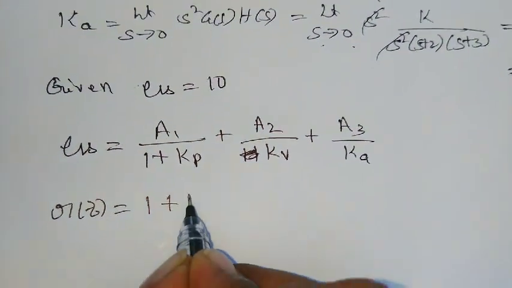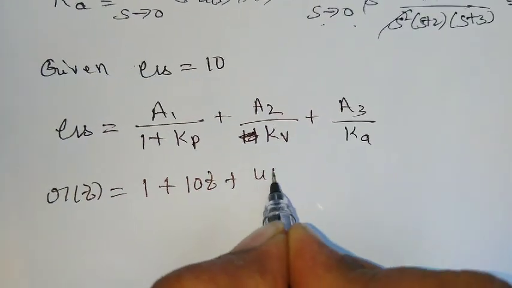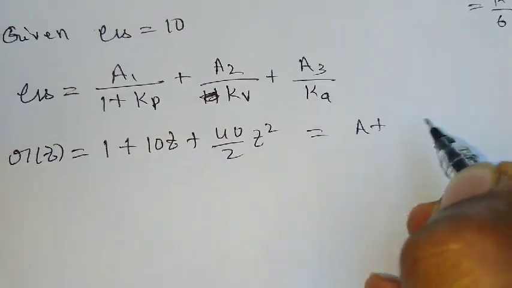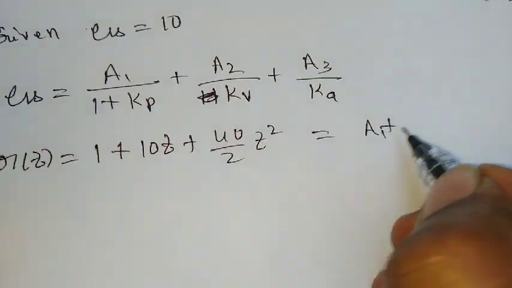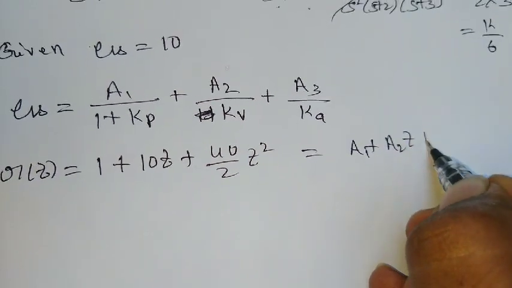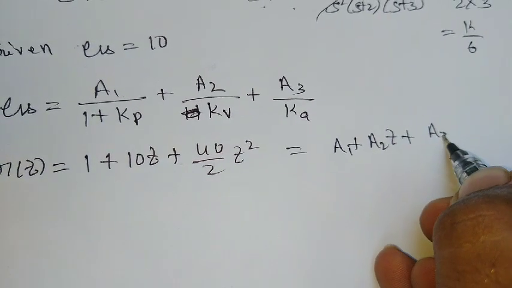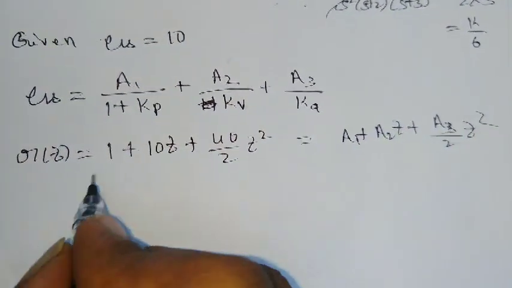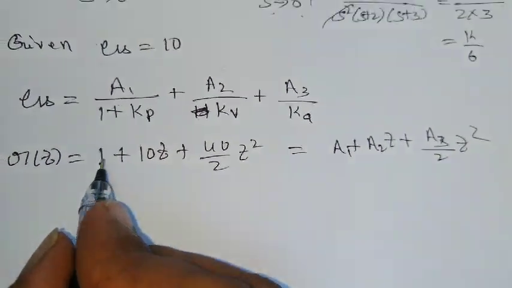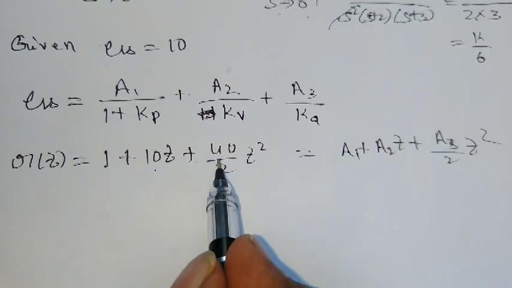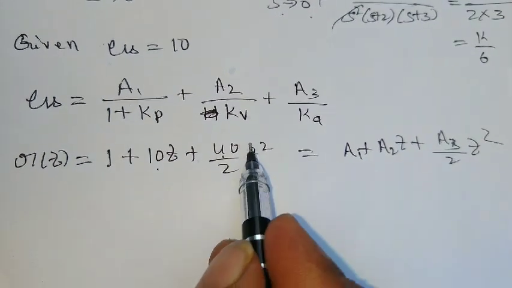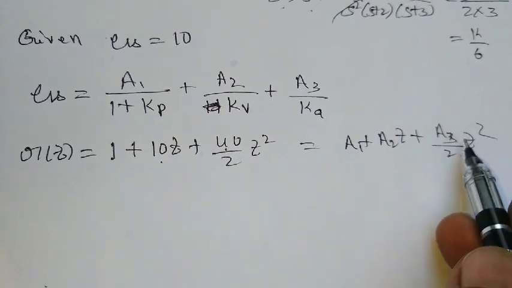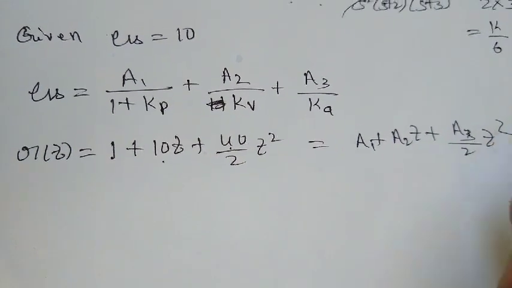R of t is 1 plus 10t plus 40 by 2 t square. This is of the form a1 plus a2t plus a3 by 2 t square. This is a parabolic input in the standard form already.